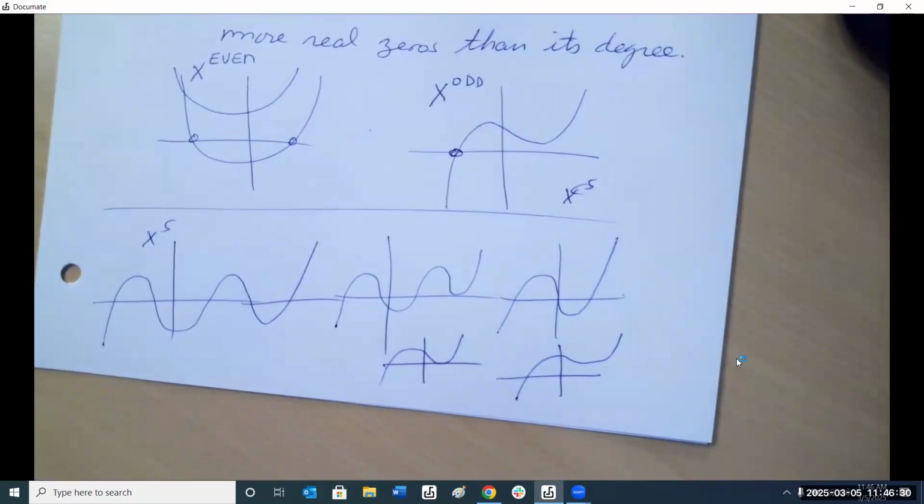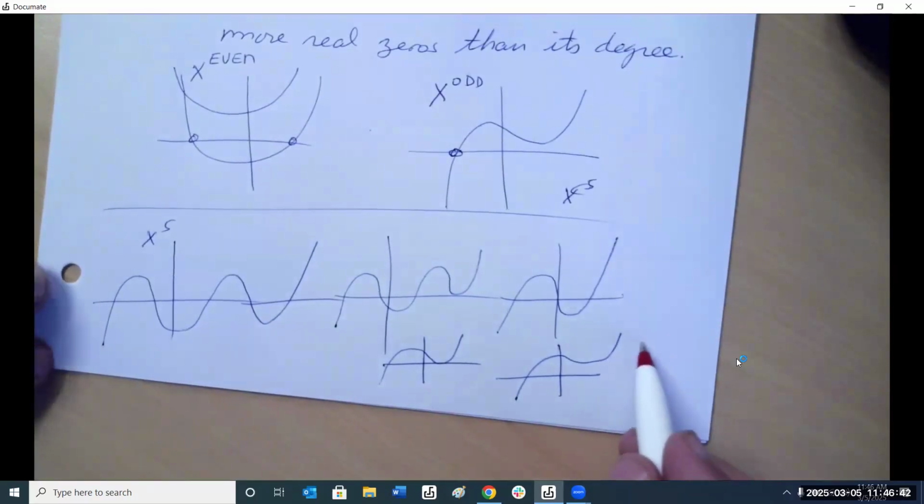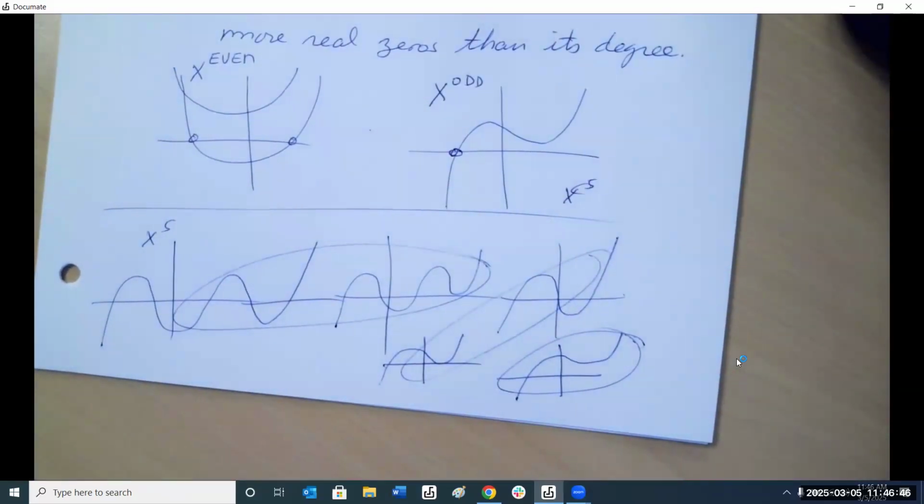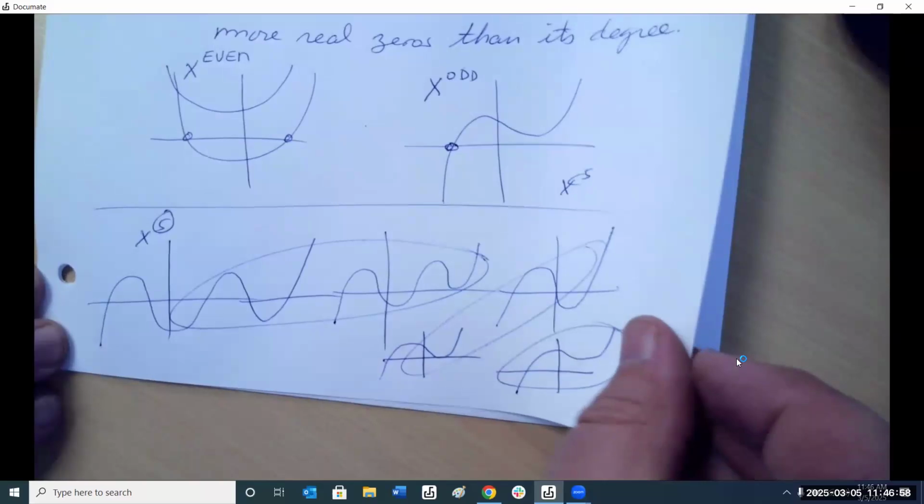Because remember, if it's not a real solution, what kind of solution is it? Imaginary. And imaginaries have to come in what kind of grouping? Conjugate pairs. So we have to have 1 real solution and all the imaginaries have to come in conjugate pairs. So if it's an odd exponent, then we know we have to have at least 1 real solution, and those examples proved it to us too.